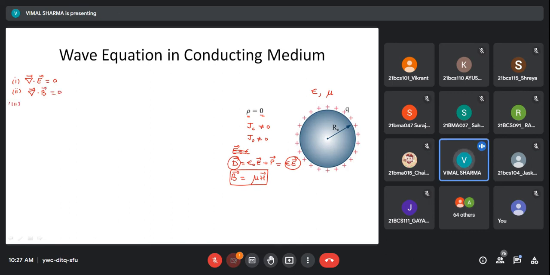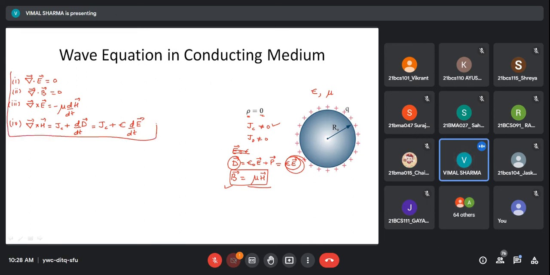The third equation is about curl of electric field: curl of E is equal to negative mu d by dt of H. And Maxwell's equation number 4, about curl of H, is conduction current, non-zero, plus displacement current, epsilon times d by dt of electric displacement vector D, which is epsilon times d by dt of electric field E. So these are my four Maxwell equations for conducting medium.